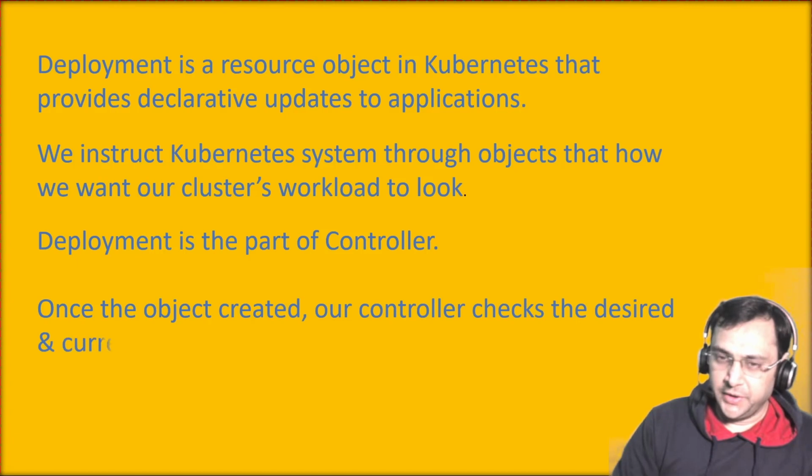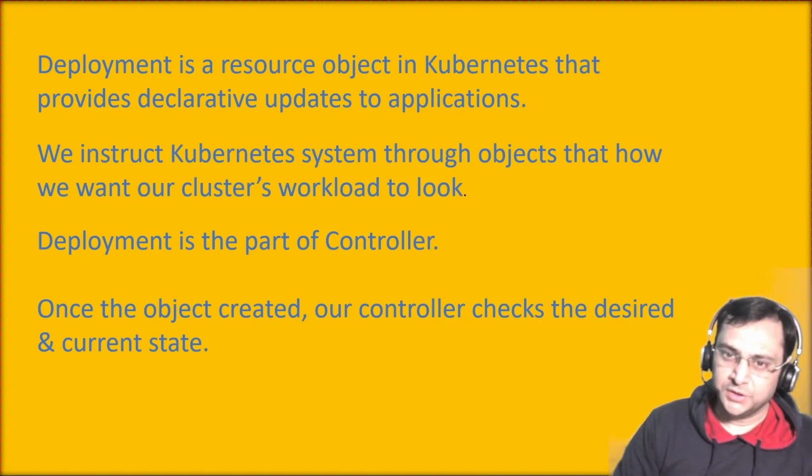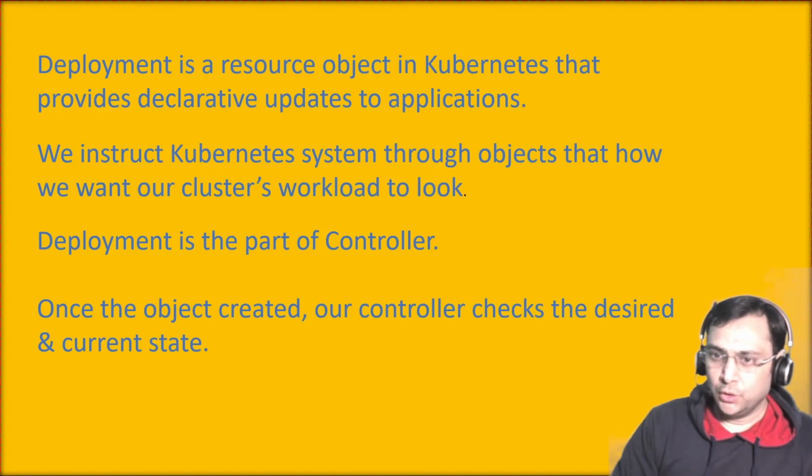Once the object is created, our controller checks the desired and current state. Now we get to know that deployment manages the replica set. Therefore, all the features of replica sets are available in the deployment. Please note that as per the official recommendation, users should not work directly with replica sets, and should use deployment instead.